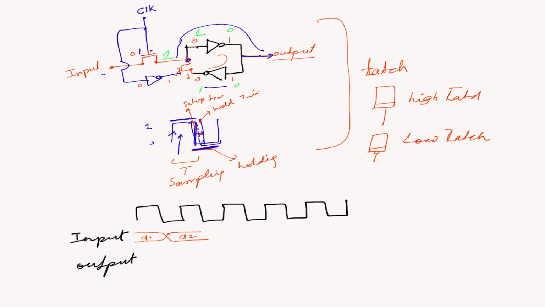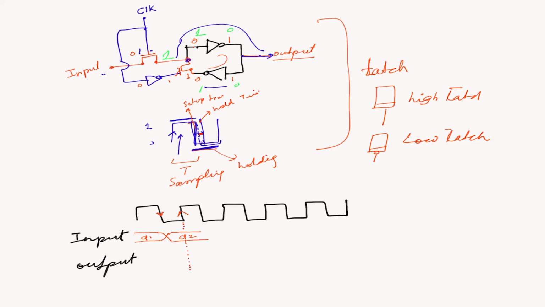So the output in a flip-flop changes only at the edge of the clock. The edges are, this is the falling edge, this is the rising edge. So low edge, high edge. In this example, let's say it's a flip-flop which changes its state at the positive edge. So as I said, the flip-flop changes its output only at the positive edge.